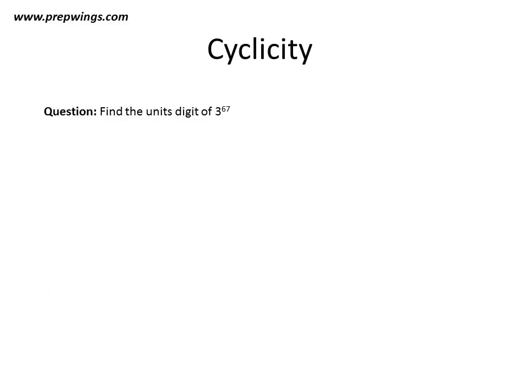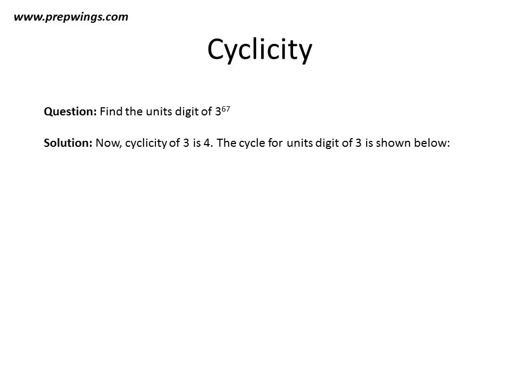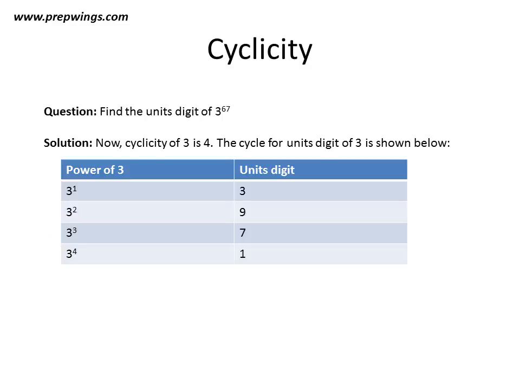Now the question asks to find the units digit of 3 raised to power 67. The cycle of 3 is 3, 9, 7 and 1. So 3 raised to power 4 ends in 1. Or any multiple of 4, 3 raised to power any multiple of 4 will end in 1.